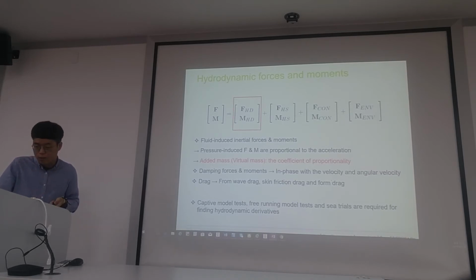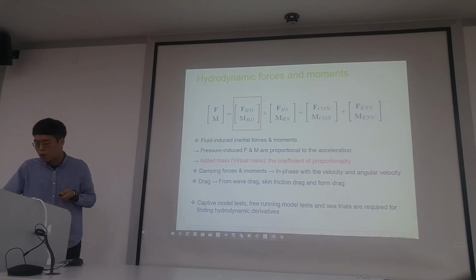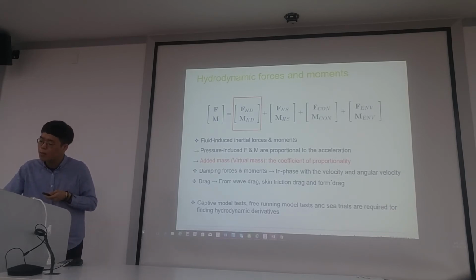Hydrodynamic forces and moments are usually induced by pressure, damping, and drag. Especially, pressure-induced forces and moments are usually proportional to the acceleration, and the coefficient of linear proportionality is called added mass or virtual mass. Actually, it is not real mass, but it has a similar mathematical effect, so we call it virtual mass.